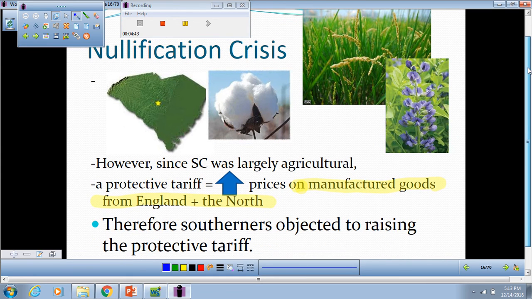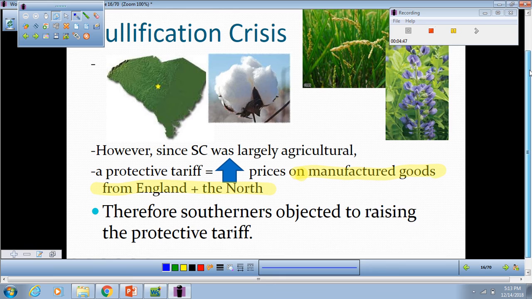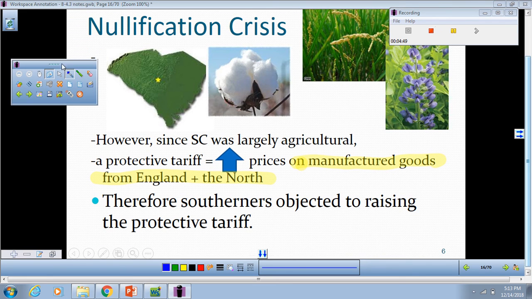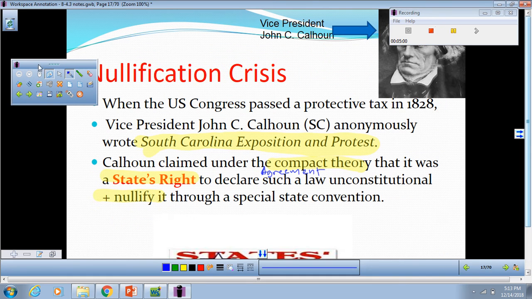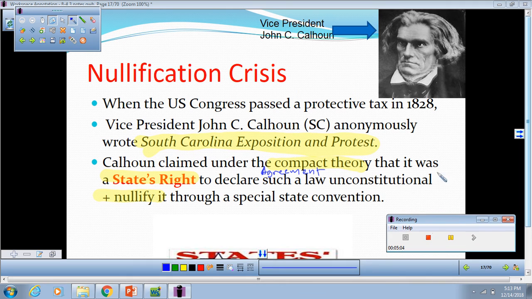Now, South Carolina opposed the tariff because South Carolina was agriculturally based, and the protective tariff did not benefit them. So, South Carolinians wished to nullify the protective tariff. This causes the nullification crisis.